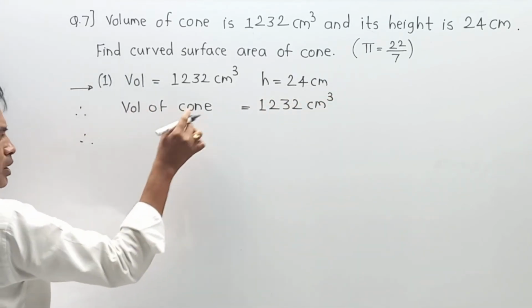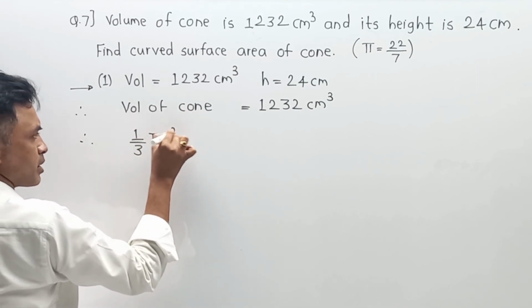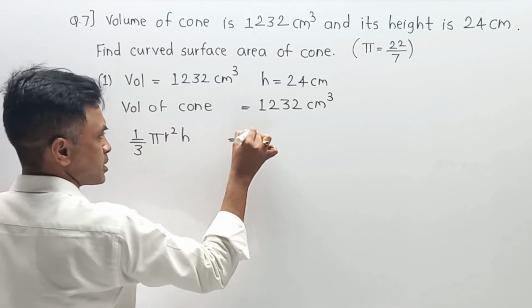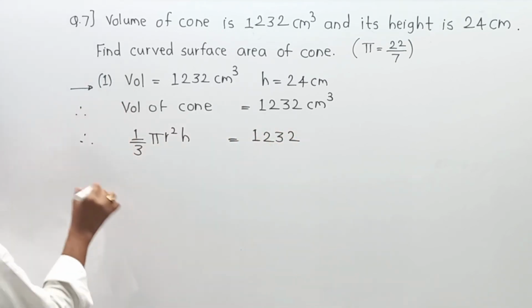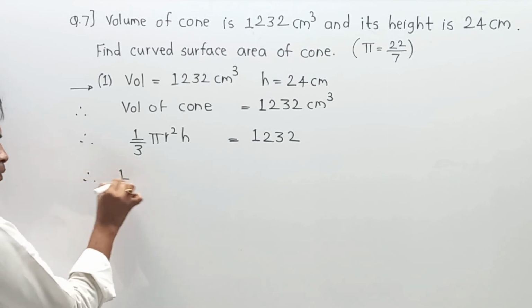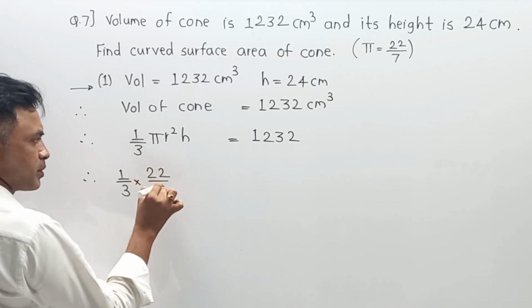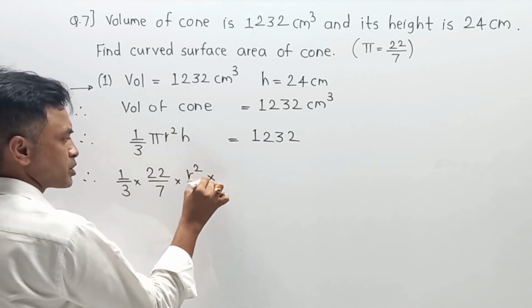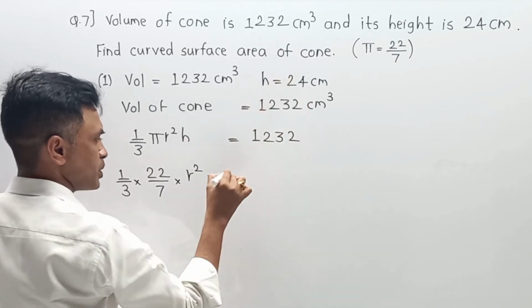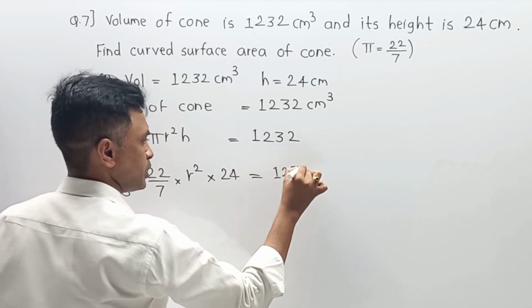As per our formula, 1 upon 3 pi r square h is equal to 1232. Next part, simplification. 1 upon 3, value of pi they have mentioned as 22 by 7, into r square, we don't know the r value, so r square as usual, into h which is 24, is equal to 1232.